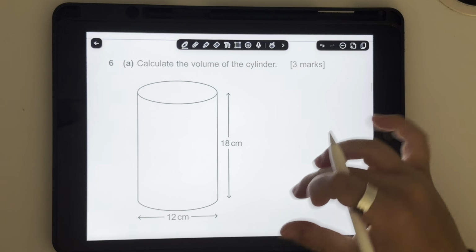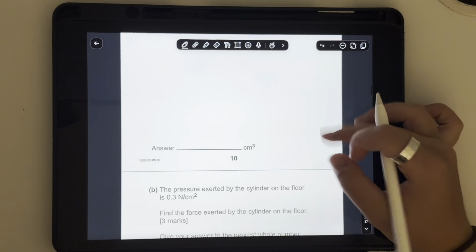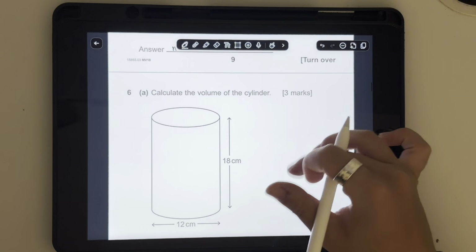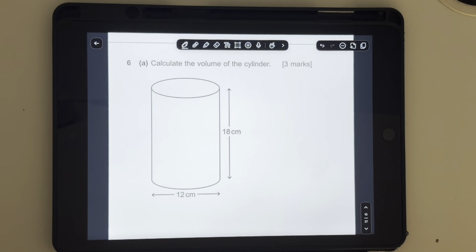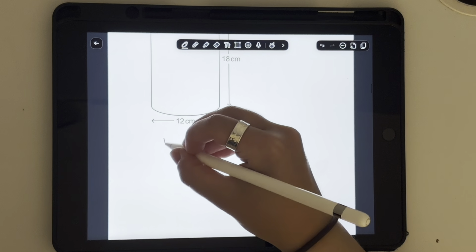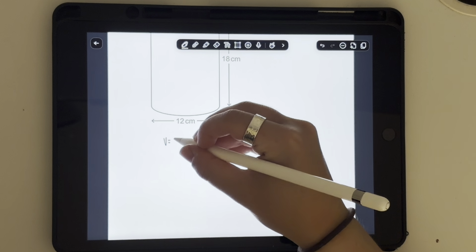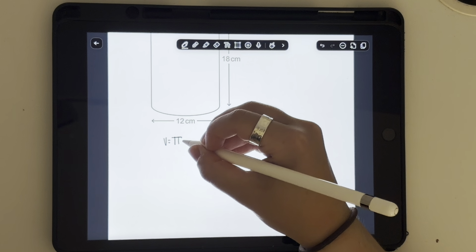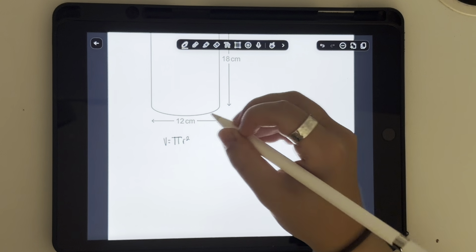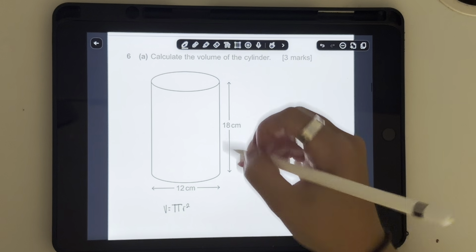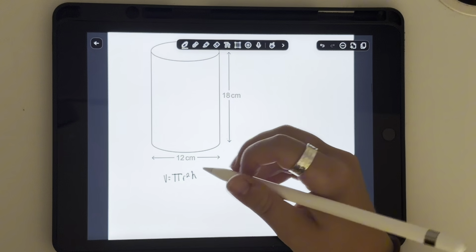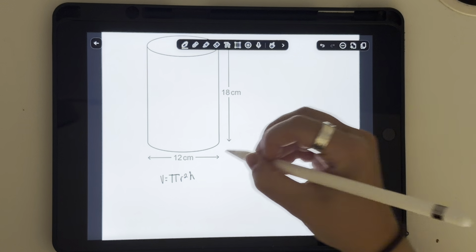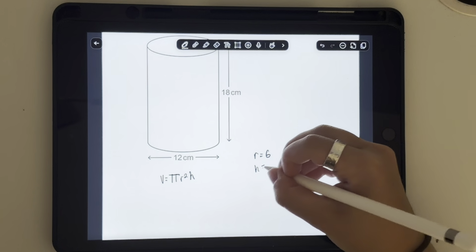Okay, volume of the cylinder. Oh no, I do know the volume of a cylinder. I was going to say it was on the formula sheet, but I know it. So it's pi r squared times h. So r here is going to be 6 because it's half of 12, and h is 18.